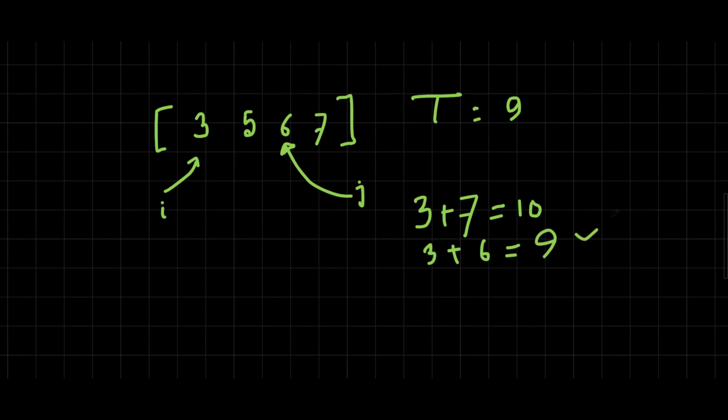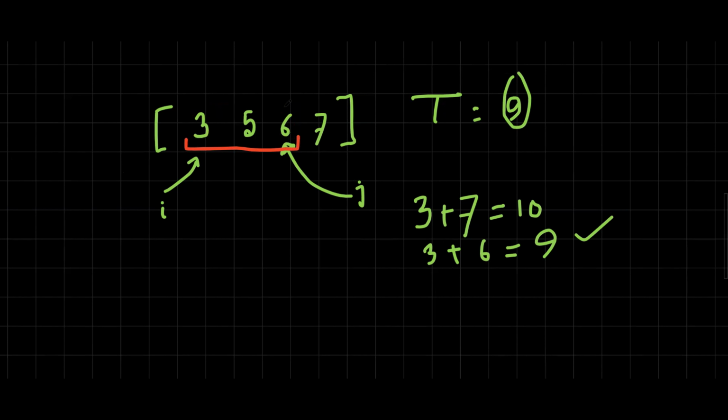Fortunately, the summation of the pointer values i and j is less than or equal to 9. So we can say that this is one possible subsequence where the minimum value and the maximum value, and their summation is less than or equal to the target.